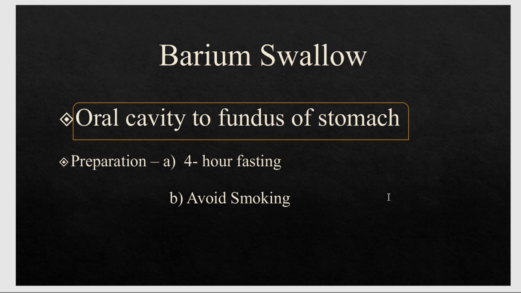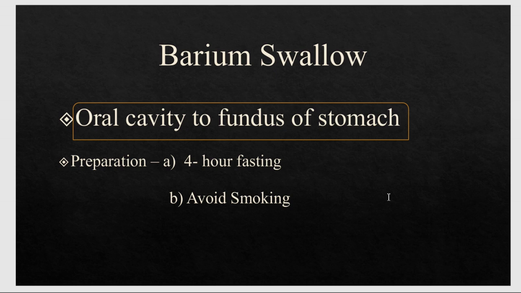And for the structural aspect, as well as sometimes the functional one also, another option available nowadays is contrast enhanced computerized tomographic scanning with 3D CT reconstruction, as well as endoscopy. So these two things are also available nowadays. But yes, for the functional, physiological aspect, the barium studies are very good. So this barium swallow, from oral cavity to fundus of stomach.